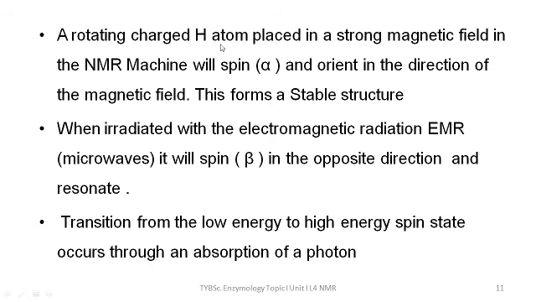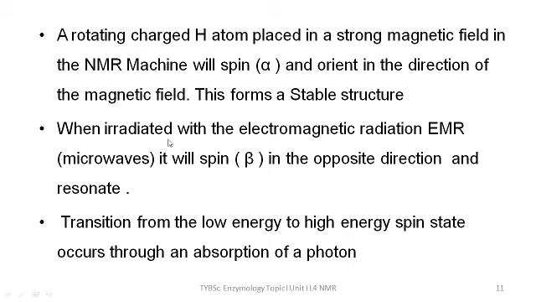A rotating charged hydrogen atom, when placed in a strong magnetic field provided in the NMR machine, will spin, and this spin is called an alpha spin. It spins to orient itself in the direction of the magnetic field present in the NMR machine. In this way, it forms a stable structure.